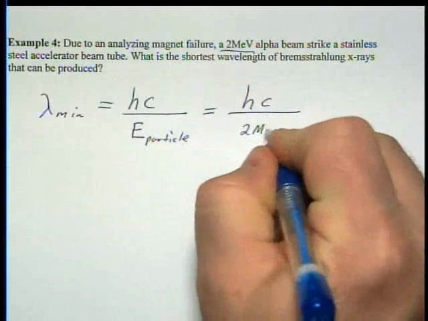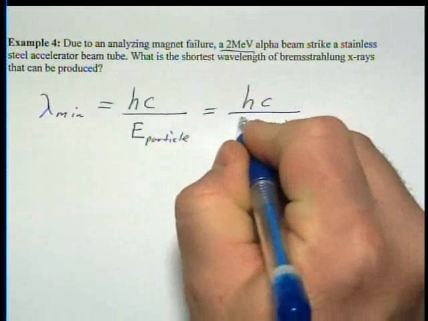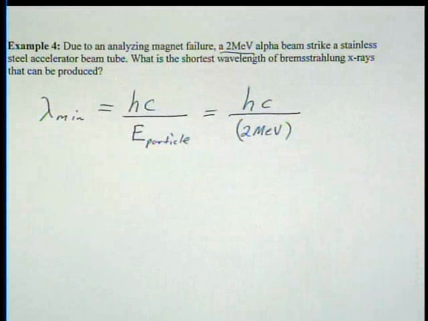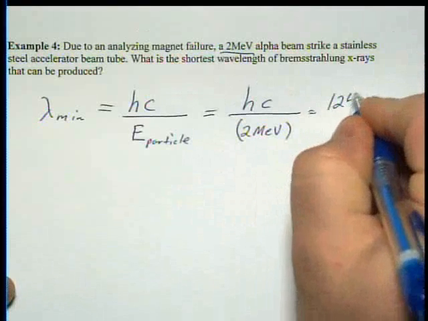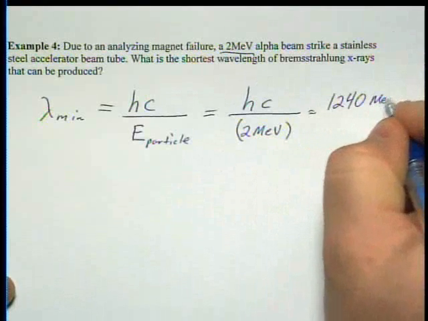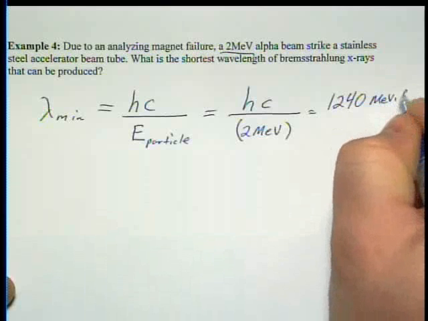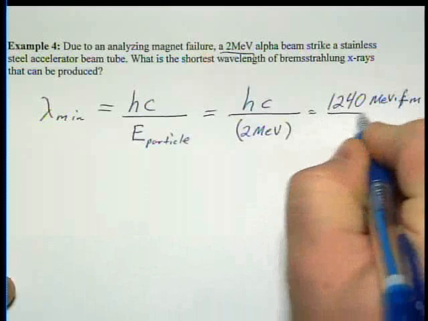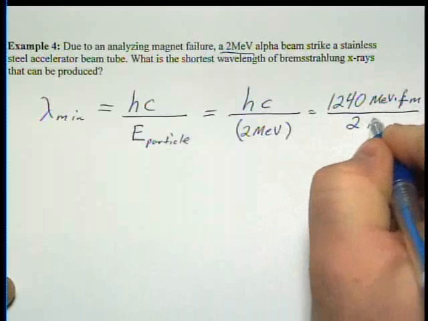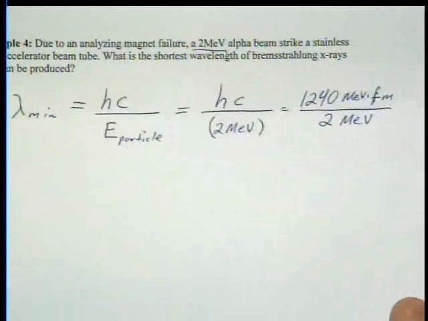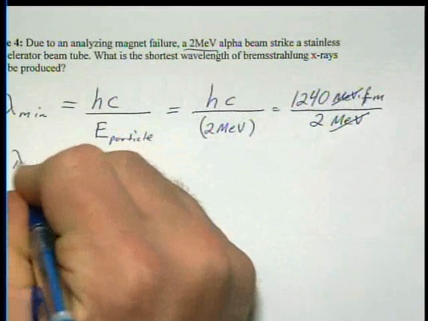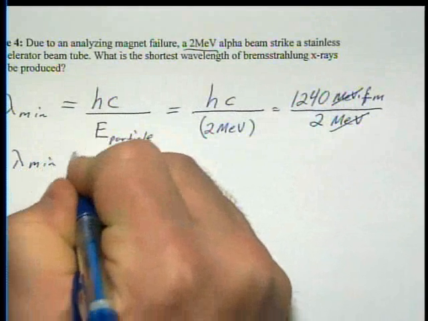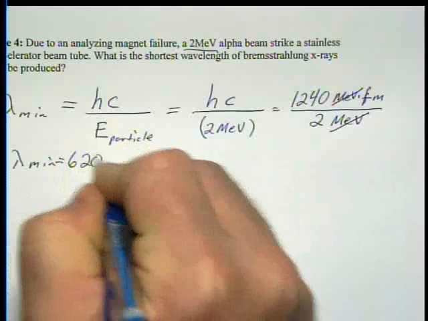So in this case, notice I'm not using the voltage because I was told the energy. Now that's 1240 MeV femtometers, I'm sorry, not picometers, femtometers, over 2 MeV. So lambda min is 620 femtometers.